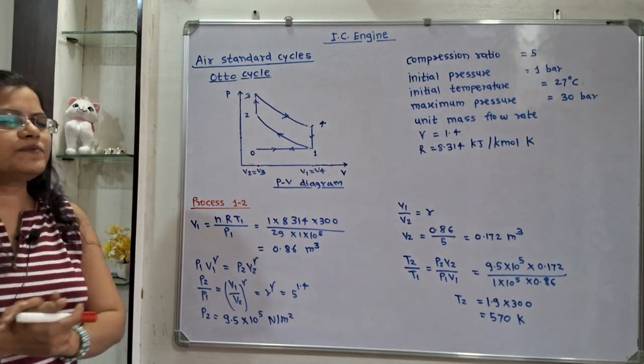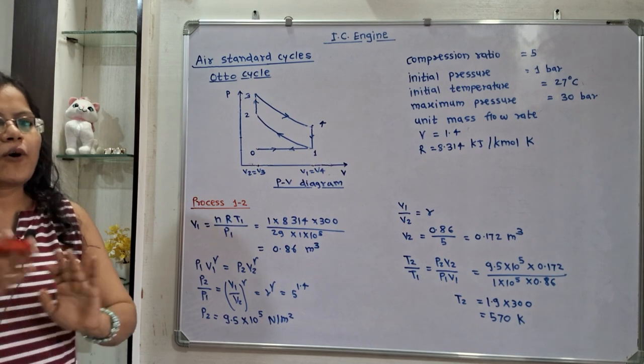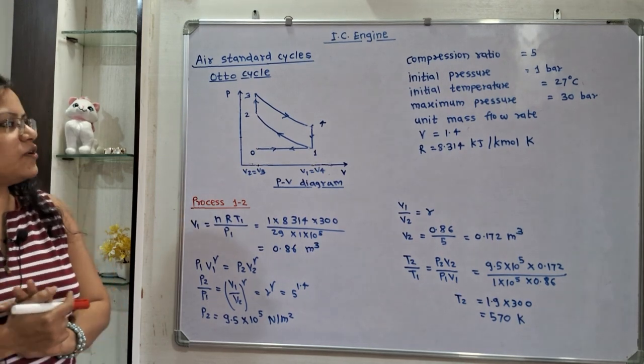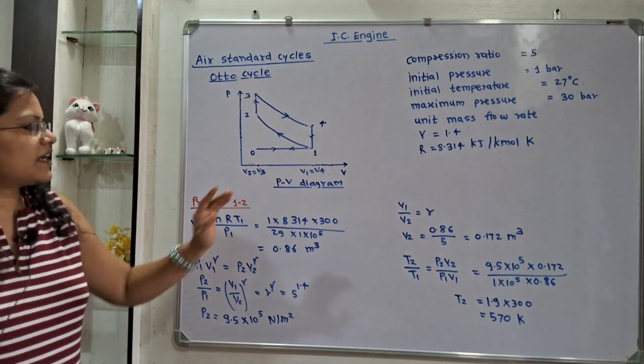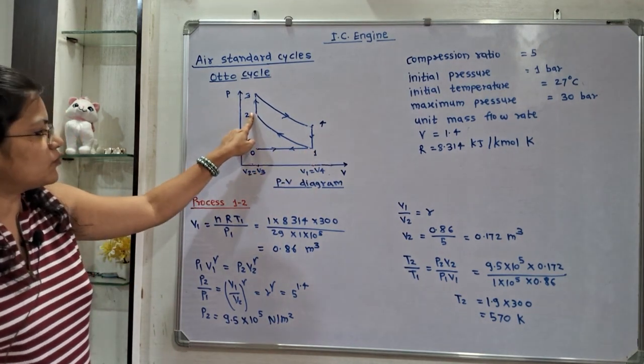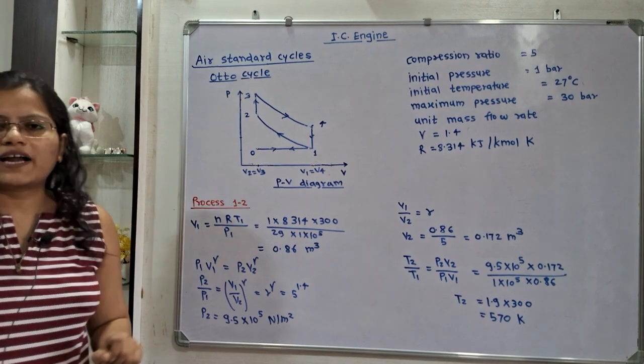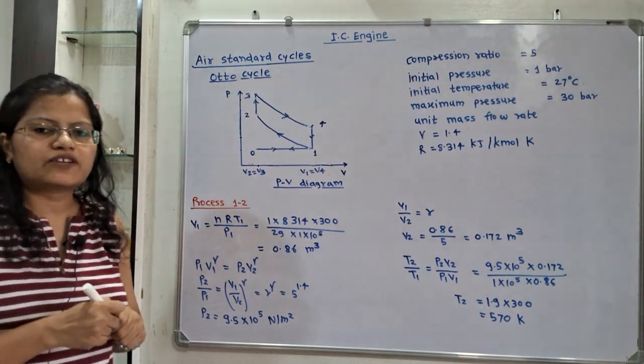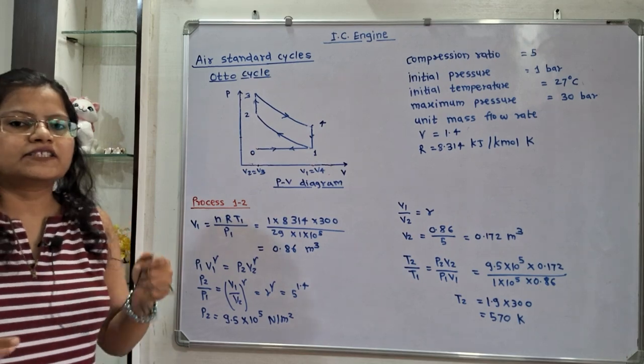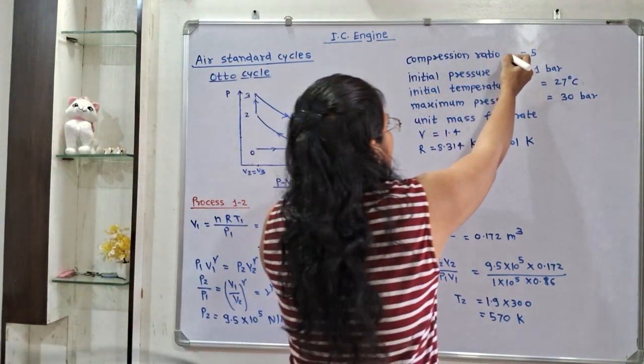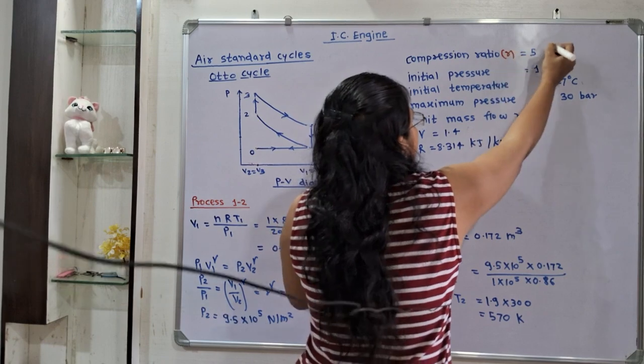Now if we observe the given data, compression ratio is equal to 5. It is the ratio of V1 by V2, so we write here V1 by V2 is equal to 5, and the notation is r.